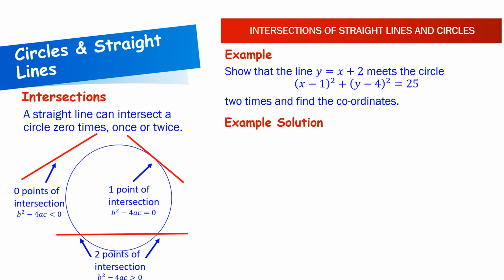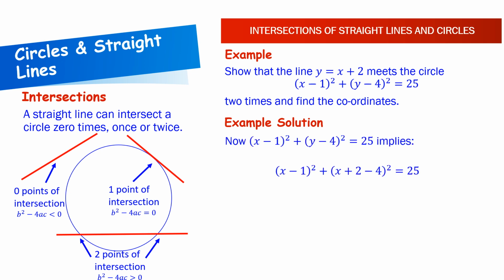So let's solve this. If we substitute the equation of the line in the equation of the circle, as shown, then we obtain (x minus 1) all squared plus (x minus 2) all squared equals 25.